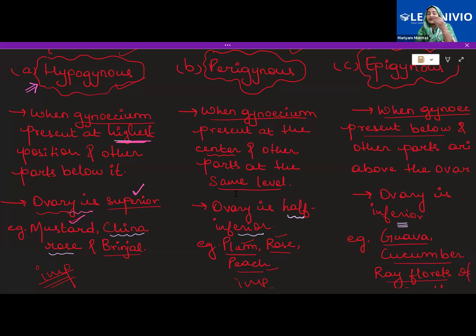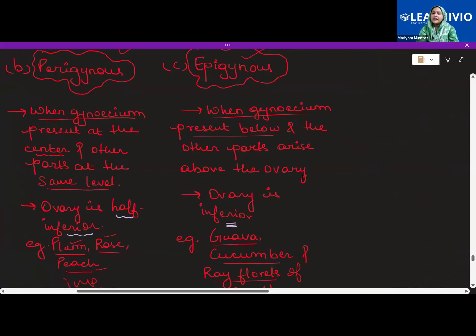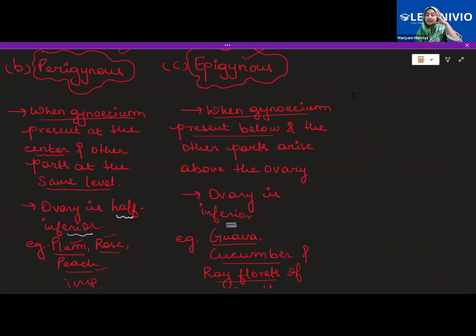So this is the case of half inferiority. Then comes the epigynous case, wherein all the parts are above and the ovary is situated very far below the different parts. So we say that the ovary is inferior.